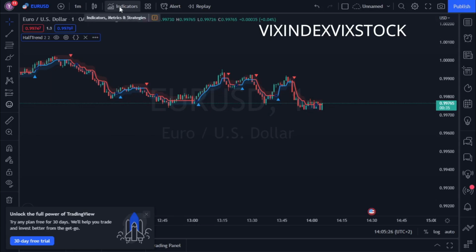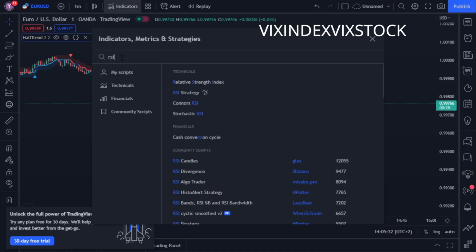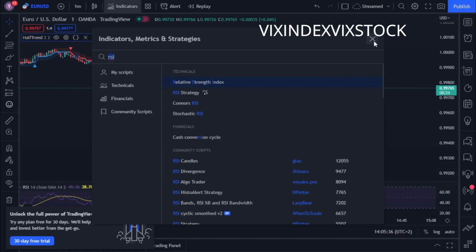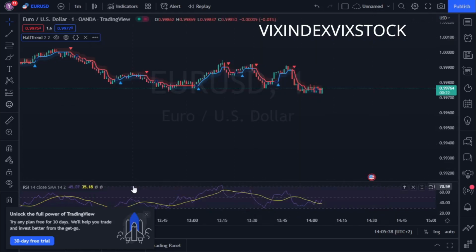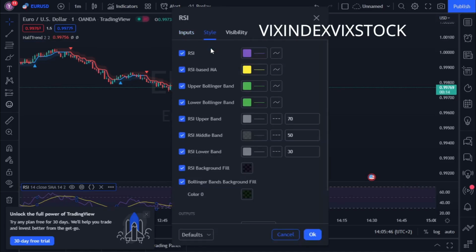Then the next thing that we're going to use, because we also want to filter out the trades, is our RSI. Yes, the famous RSI. We are going to go to it and change a few things. We are going to leave the settings as they are. Again, if you still want to tweak the RSI to best suit your trading style, then go ahead.